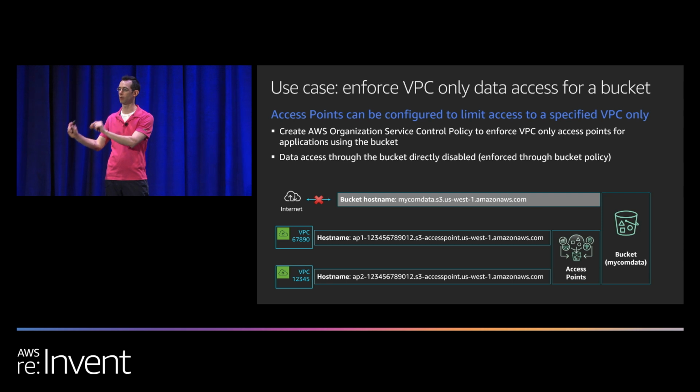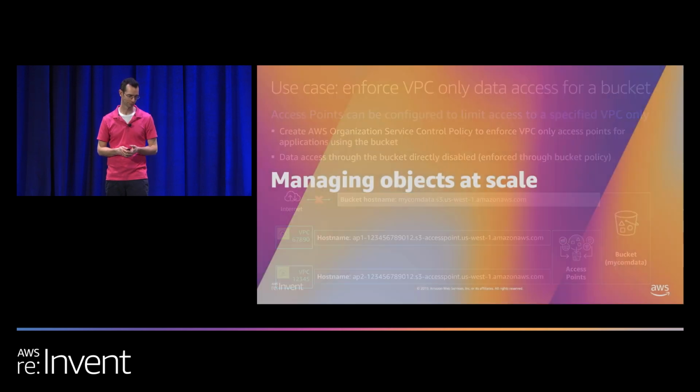All access is through access points. You can also set at the organization level that all the access points have to be VPC specific. You've got all these different controls to get exactly what you need done with security for your S3 bucket. Really exciting new launch, and we're interested to hear how all of you are using it.